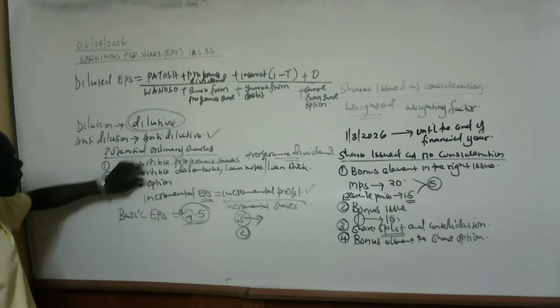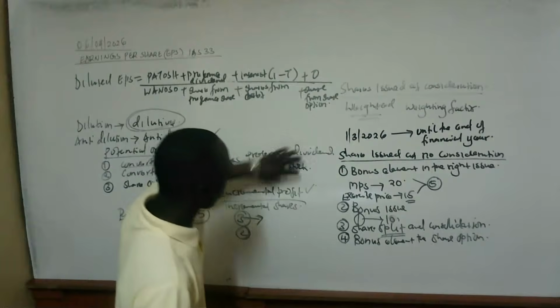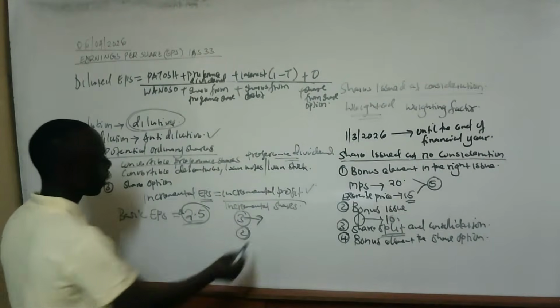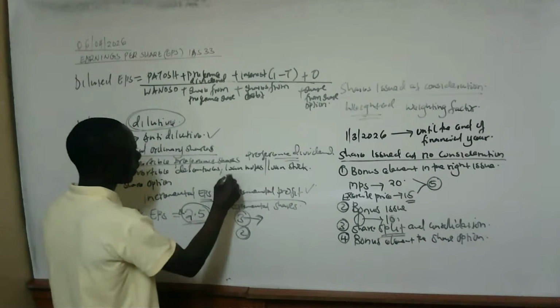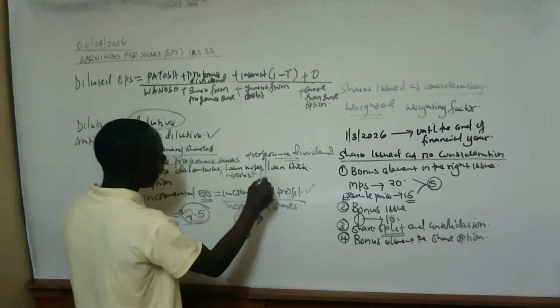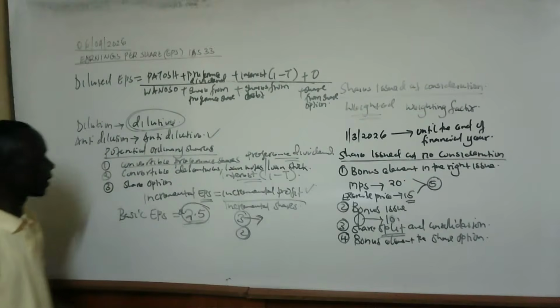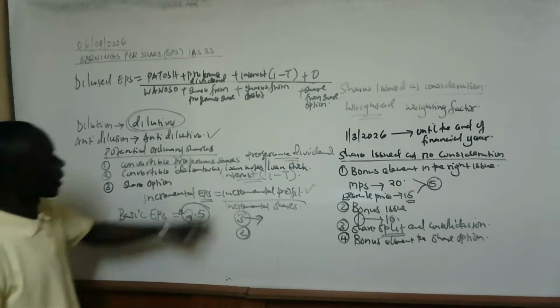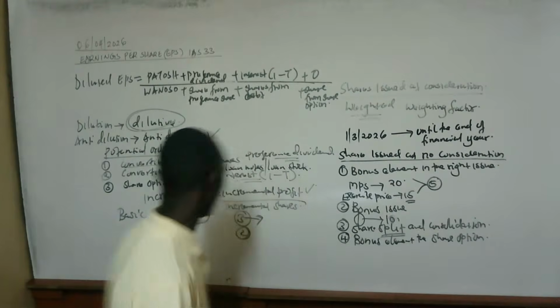When you come to the convertible debentures, loan notes, and loan stock, the incremental profit is going to be the interest net of tax, that is, interest times 1 minus T.